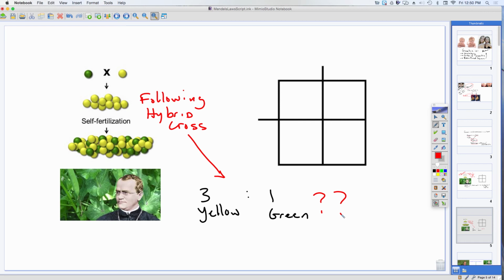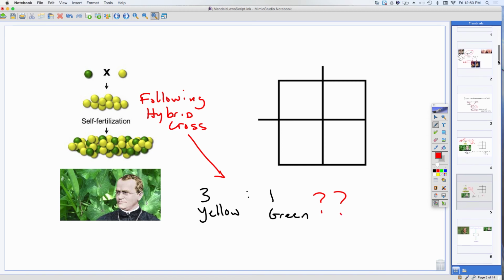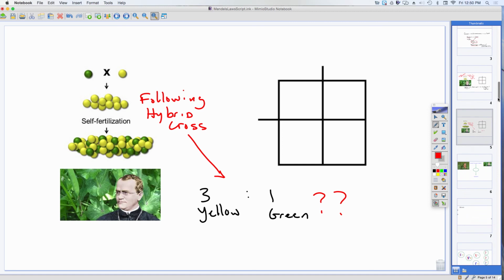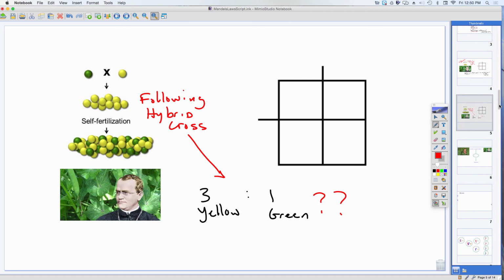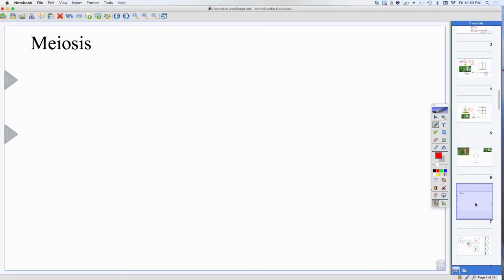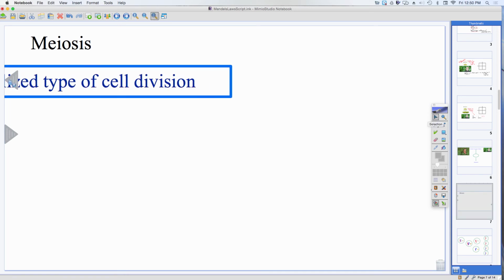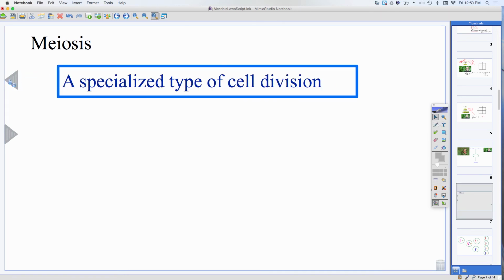Well, Mendel knew nothing about meiosis, but all of this is based on the process of meiosis, and I'm going to do a quick review of meiosis with you before we look at how to put this stuff into the Punnett Square. So let's review meiosis for a moment.